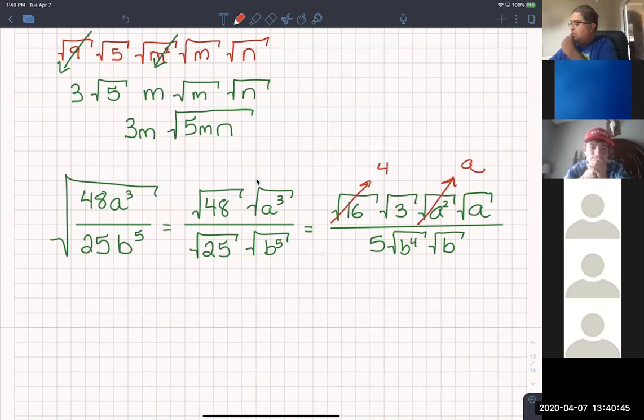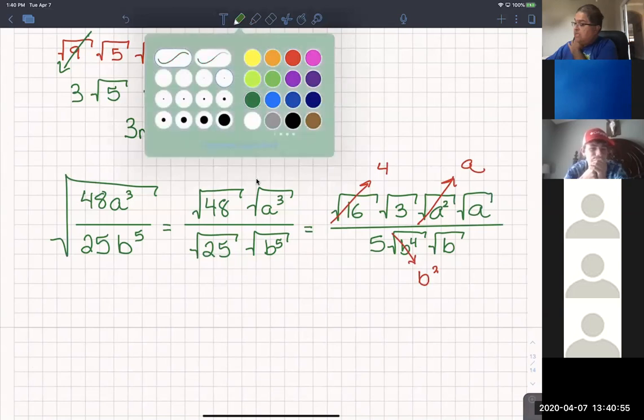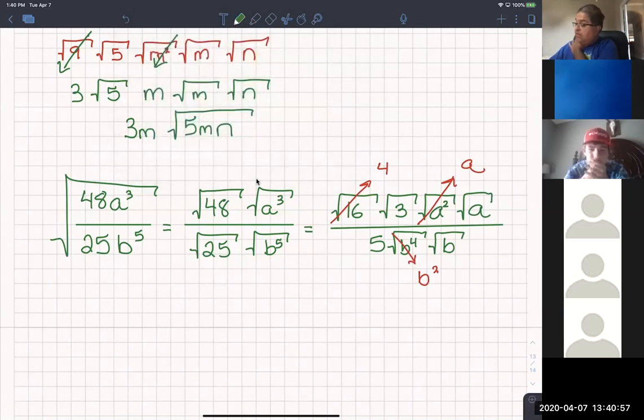And on the bottom, the b to the 4th will become b to the second. So when I combine my outsides and insides, on the top I get 4a times the square root of 3a, over 5b squared times the square root of b.